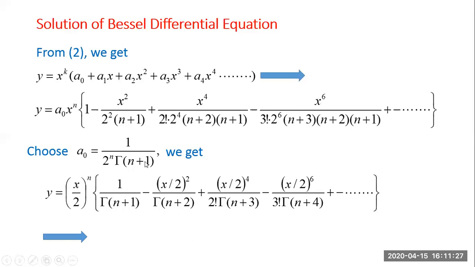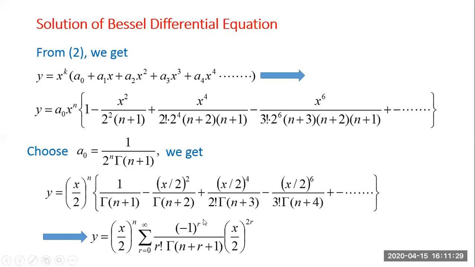So let me write this entire term using the summation. So this x by 2 power n as it is. Let me write this entire thing using summation now. So I have plus, minus, we have alternate signs here. So I get minus 1 power r, where r goes from 0 to infinity.